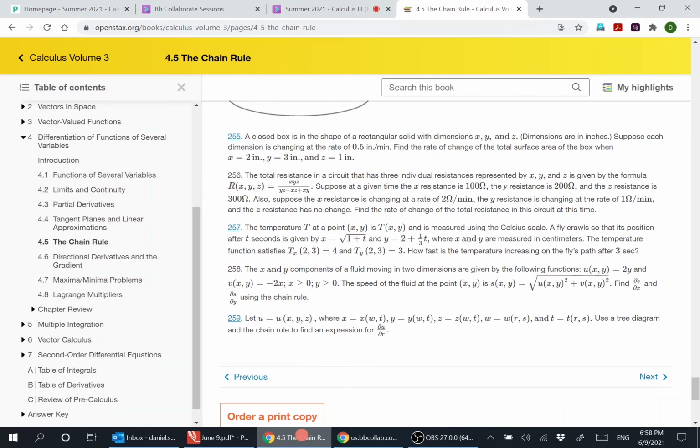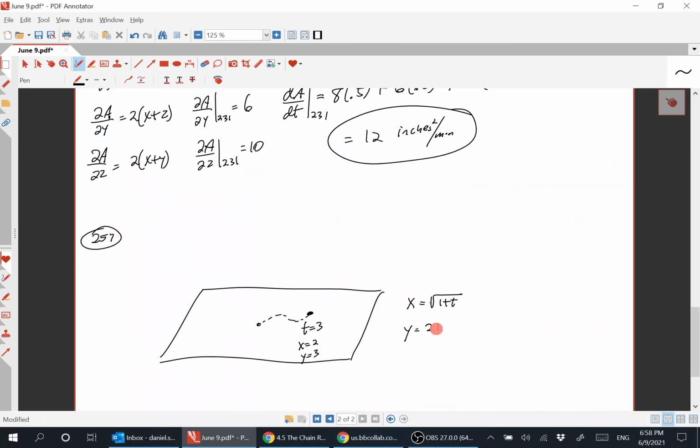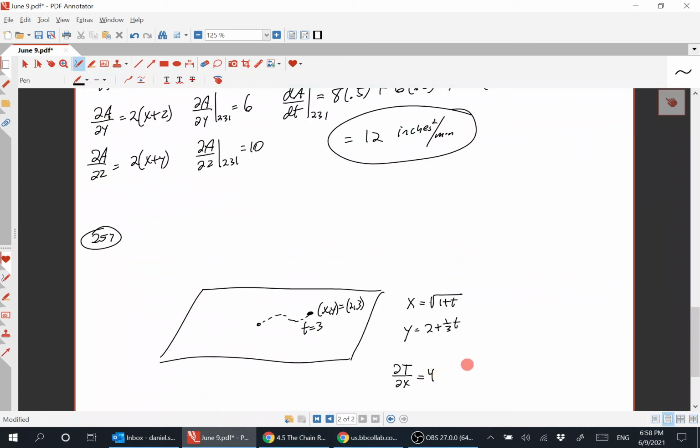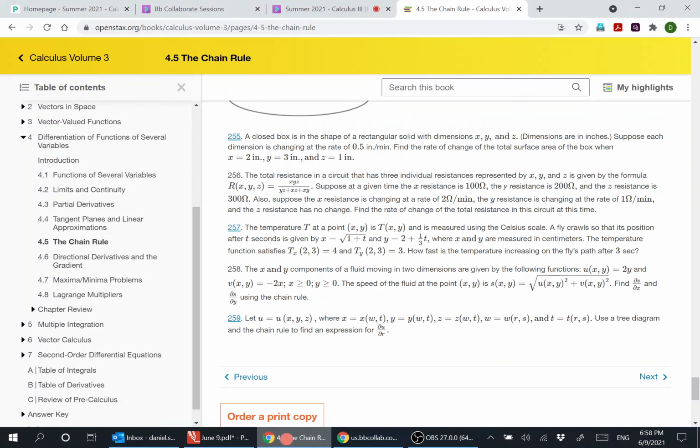And y is 2 plus 1/3 t. So at 3 seconds, this is 2 plus 1 equals y coordinate 3. So this is the point (2, 3) at 3 seconds. All right, and then they're telling us that partial T partial x is equal to 4. And partial derivative of T with respect to y is 3.